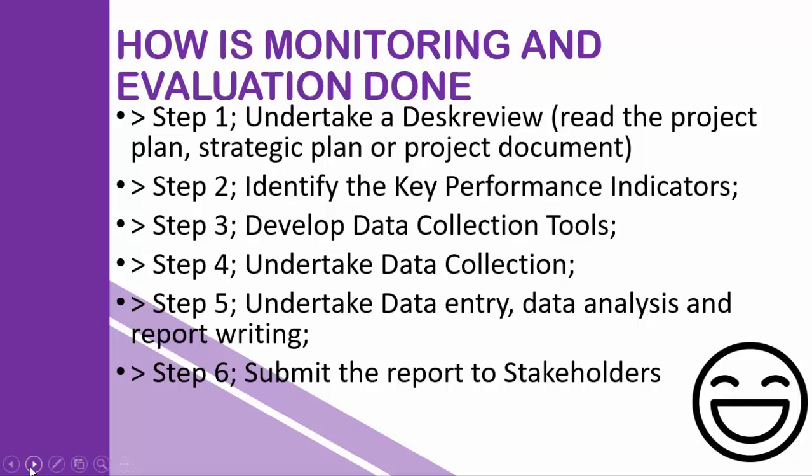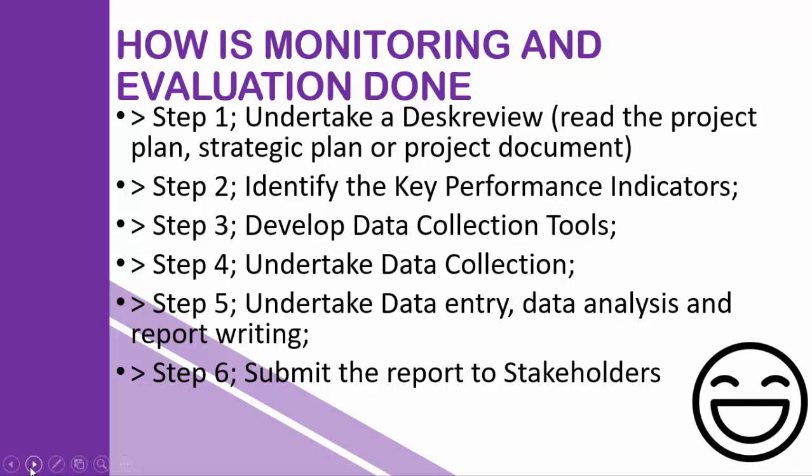So now, after you identify the key performance indicators, you develop the data collection tools. These are the instruments you use to collect the information that you're looking for, to collect the numbers that you're looking for. So after you develop the data collection tools, step 4 is to undertake the actual data collection intervention.